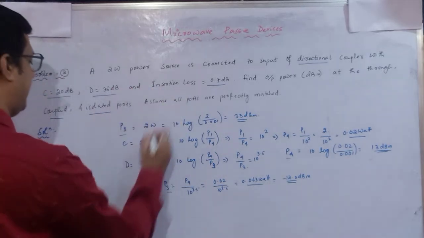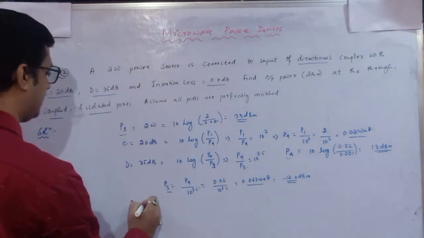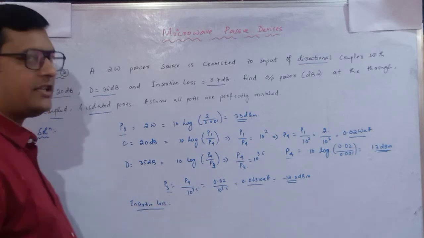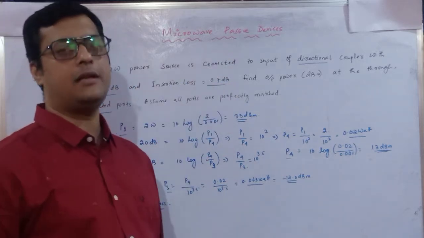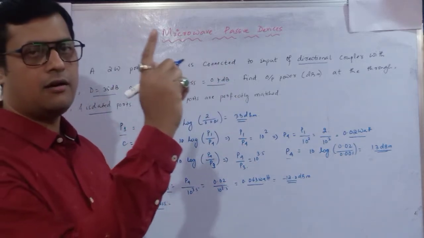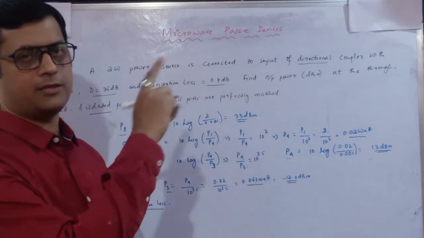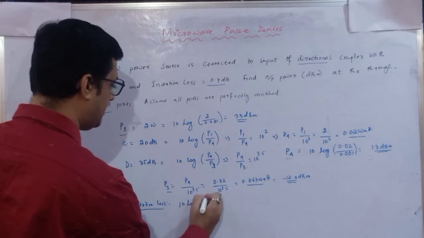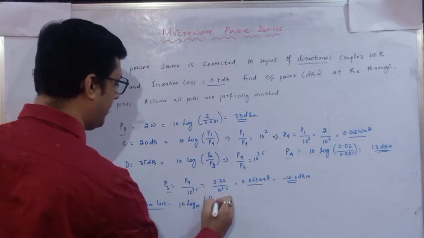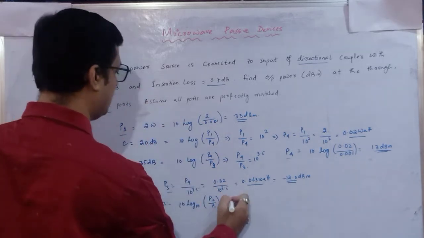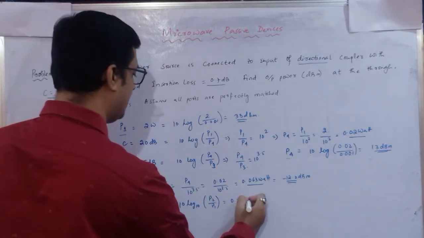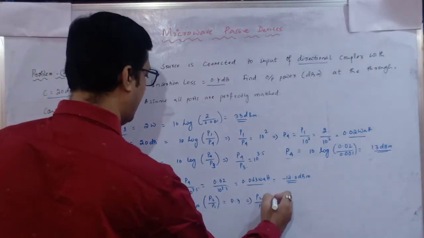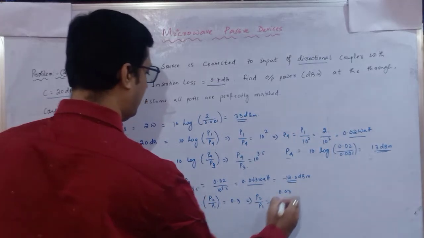Next one is insertion loss. Insertion loss is basically measured in the primary arm. It is the ratio between output power available at port 2 with respect to port 1. Remember that. So it is 10 log base 10 P2 divided by P1, which equals 0.7 dB, so P2 by P1 is 10 to the power 0.07.